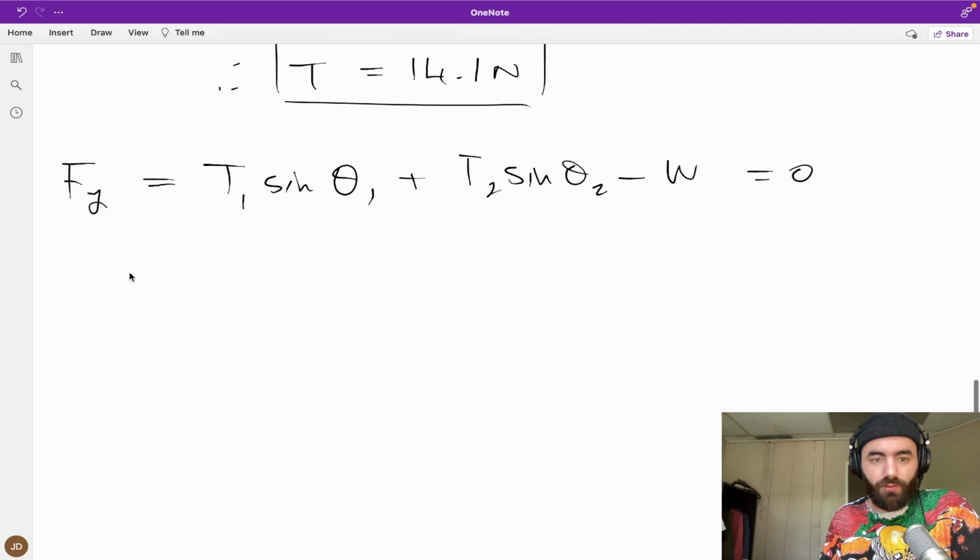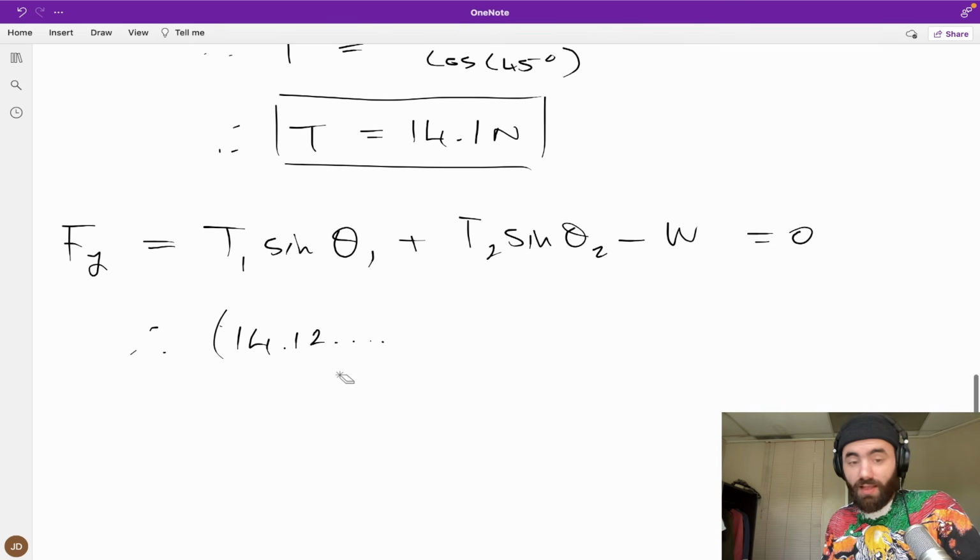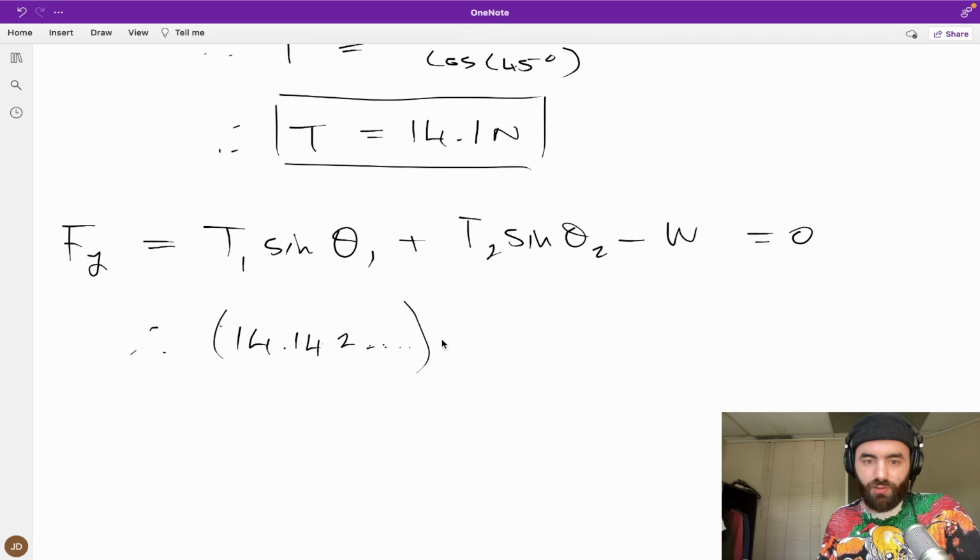So T1 is T, which we know is 14.1, actually quite a long number. It's sometimes important to keep the exact values in your calculator, so you don't round too much. You have to be a bit careful with your rounding sometimes. I mean, all the time.